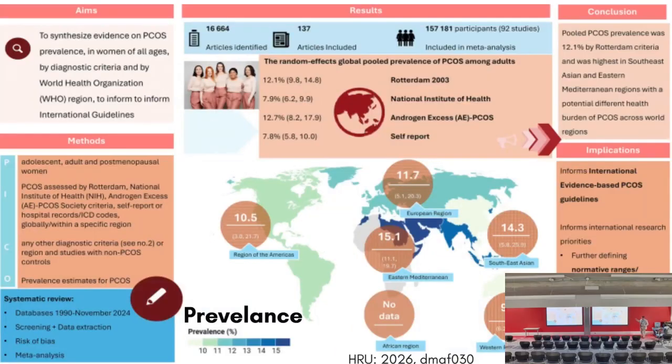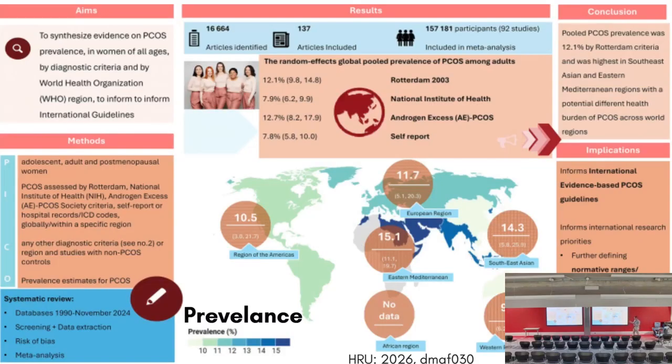So in terms of the prevalence, this is a study here that I pulled up that looks at 157,000 participants. It's 92 different studies, and it looks at prevalence of PCOS around the world. And you can see we've got data for the Americas, there's data for the Western Pacific, Southeast Asia, we've got the European plain, we've got the East Mediterranean going into the Middle East.